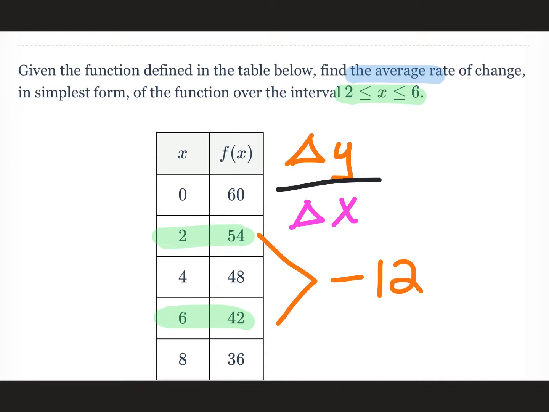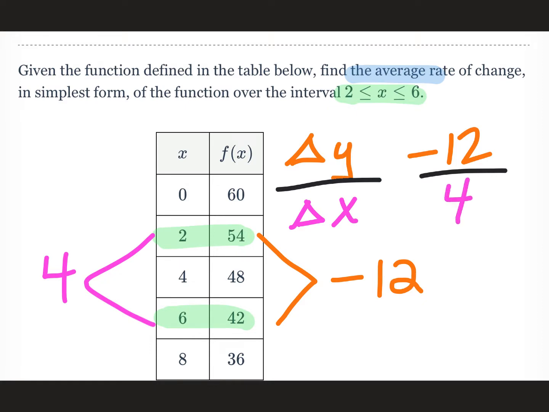And then my change in my x values between 2 and 6 is an increase of 4, which means it's going to be a positive 4. So it's going to be negative 12 divided by 4, which means that our final rate of change for this one will be a negative 3.